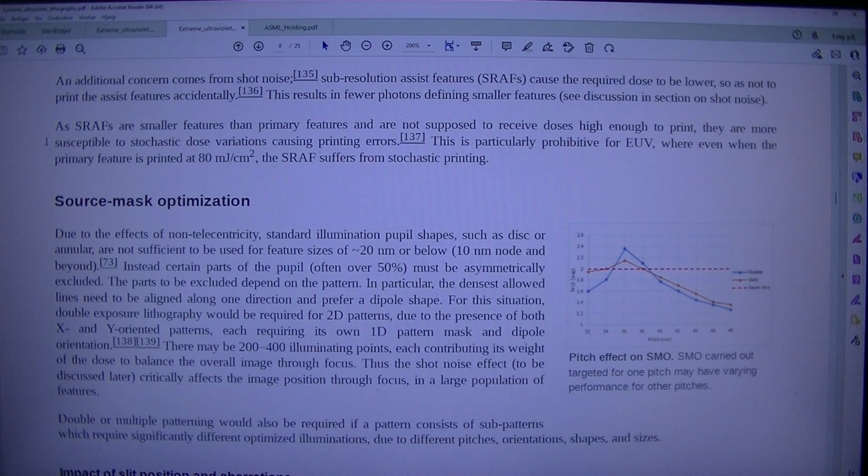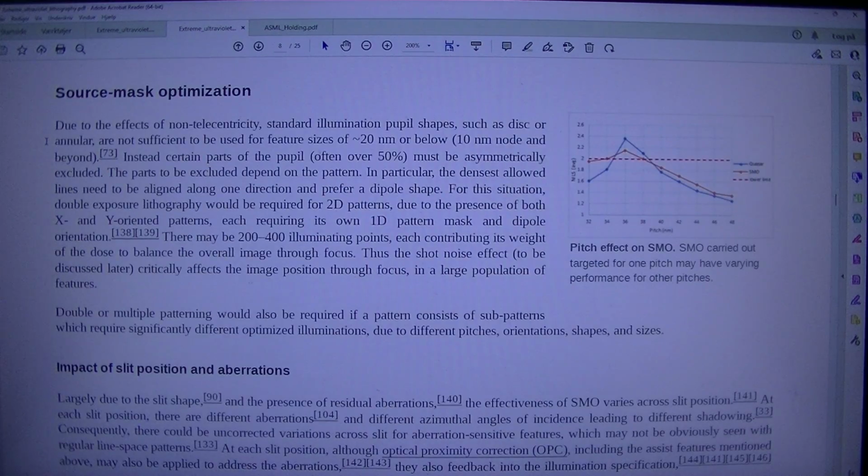Source mask optimization. Pitch effect on SMO. SMO carried out for one pitch may have varying performance for other pitches. Due to the effects of non-telecentricity, standard illumination pupil shapes, such as disc or annular, are not sufficient to be used for feature sizes of ~20 nm or below, 10 nm node and beyond.